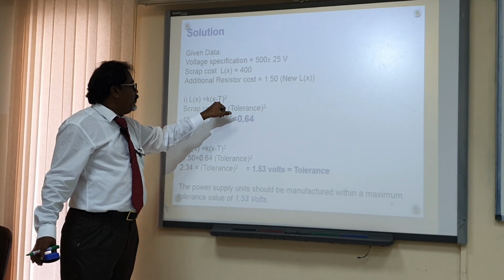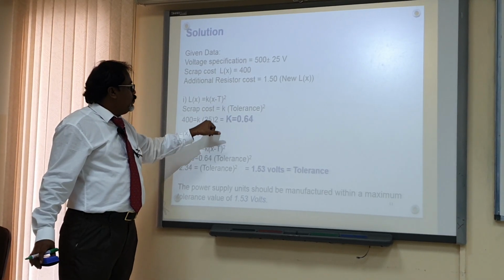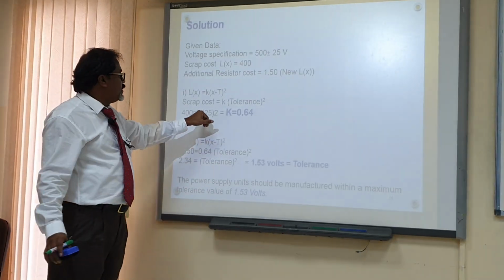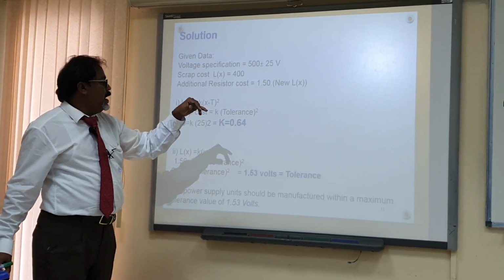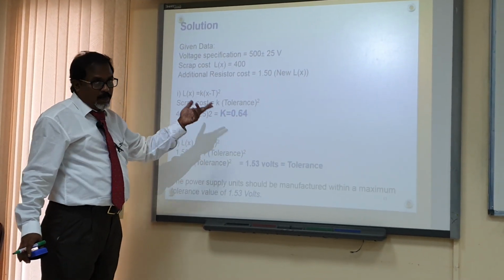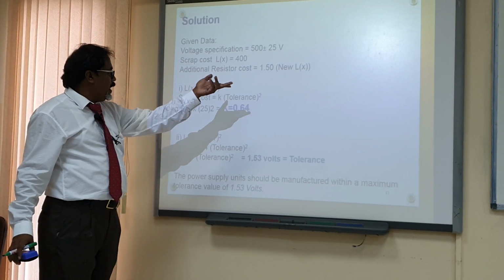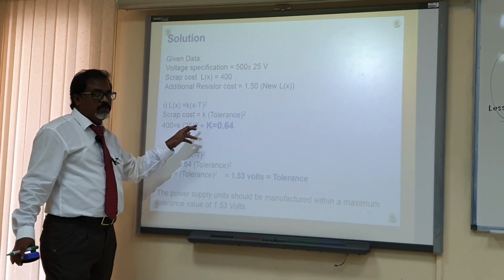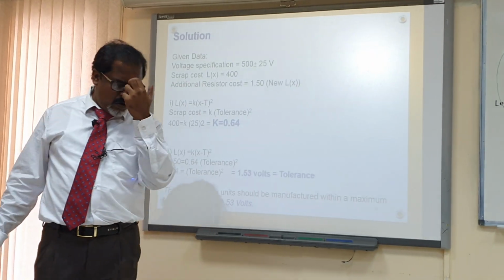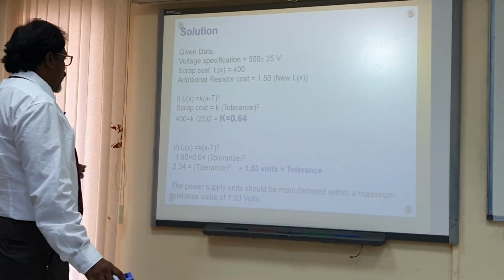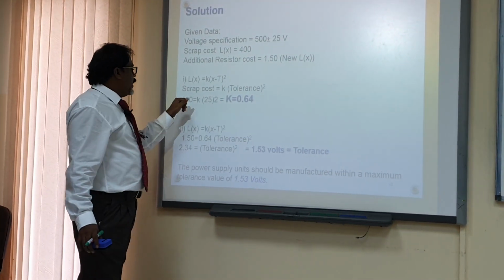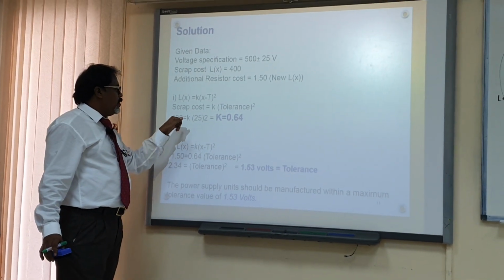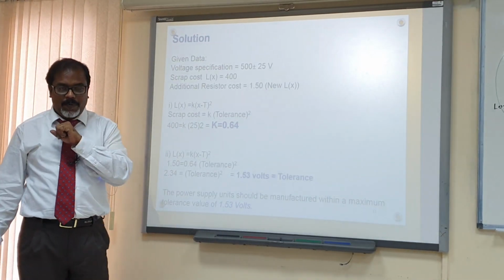Suppose the maximum is 525, so either plus or minus 25. If it is less or high, it will come to minus 25 or plus 25. When you square, the same value will come, and here 400 will be there. 25 squared is 625, 25 into 25. Then 400 divided by 25 into 25, the value will come to 0.64.